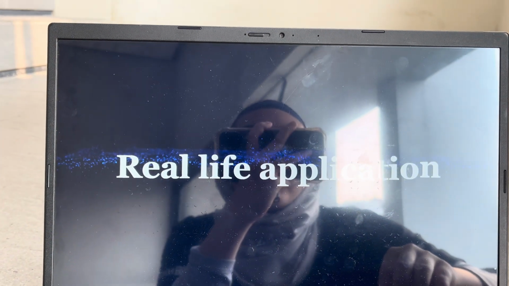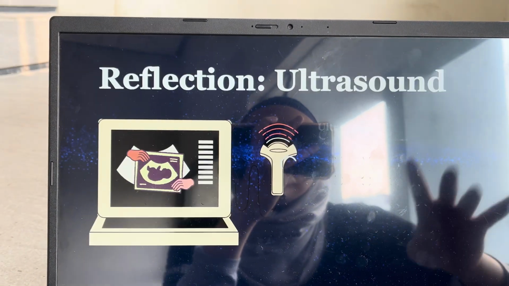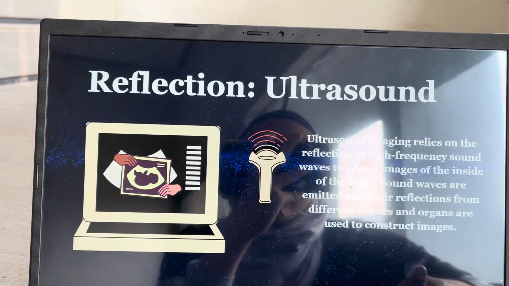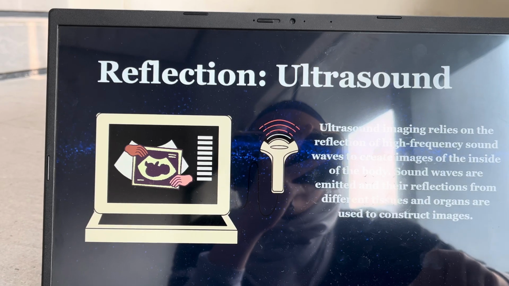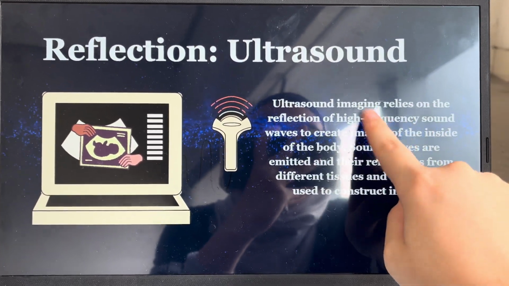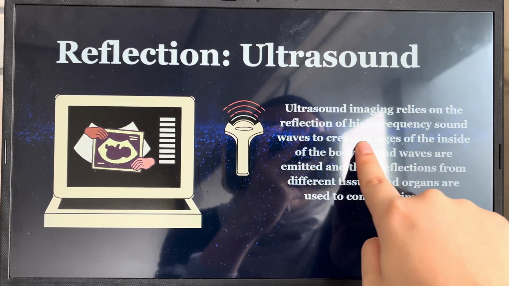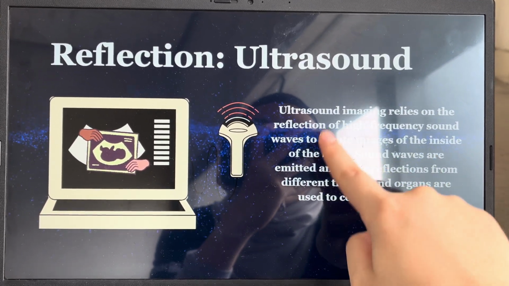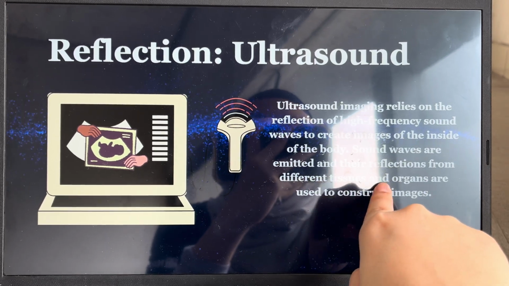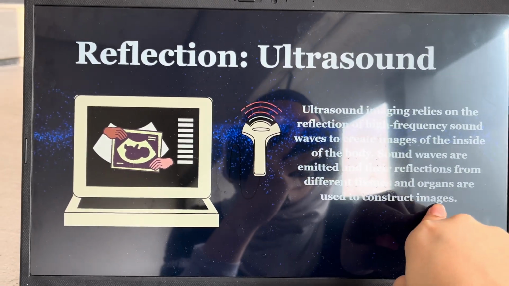Now, let's talk about the real-life application. So, in reflection, a real-life application and development in technology is ultrasound. Ultrasound imaging relies on the reflection of high-frequency sound waves to create images of the inside of the body. Sound waves are emitted and their reflection from the different tissues and organs is used to construct images.